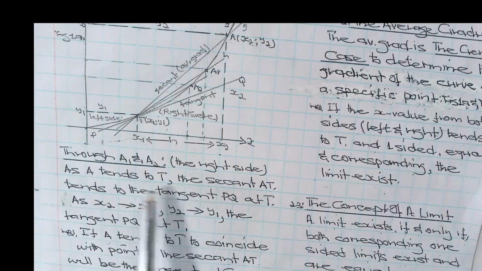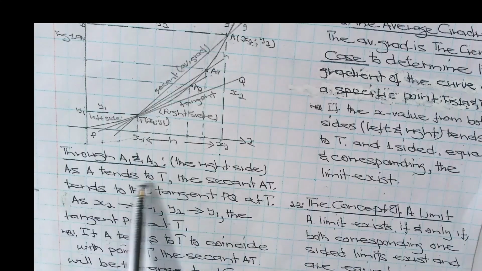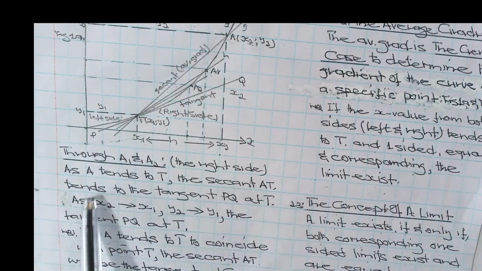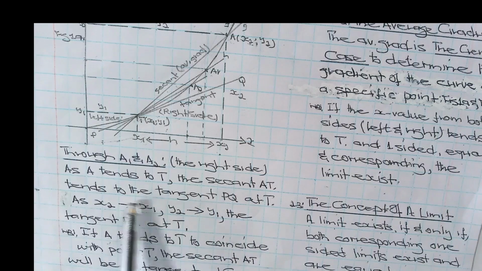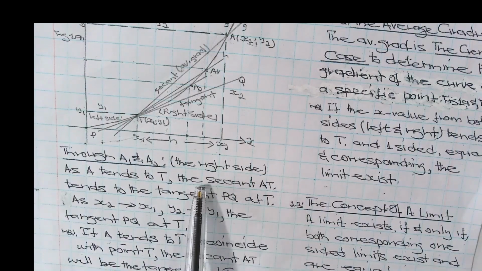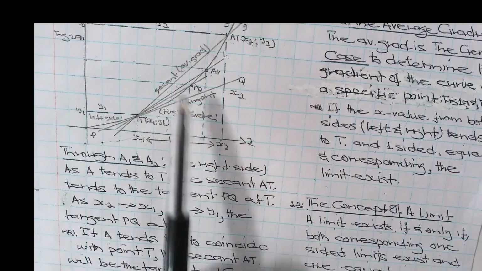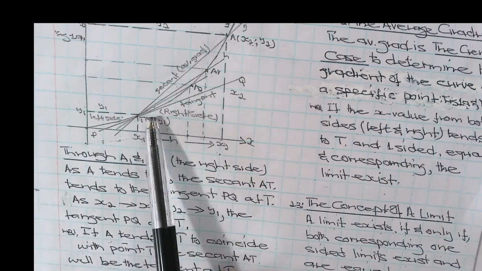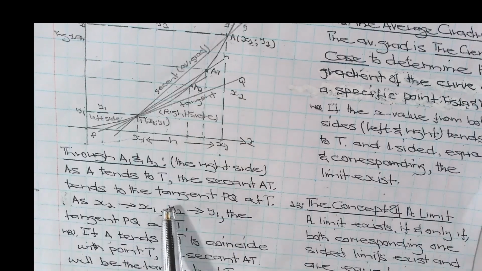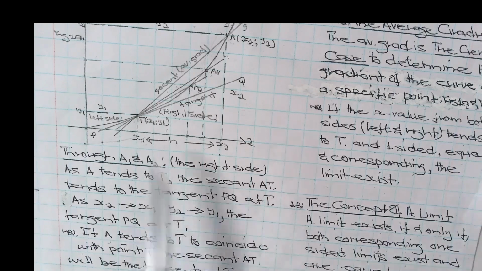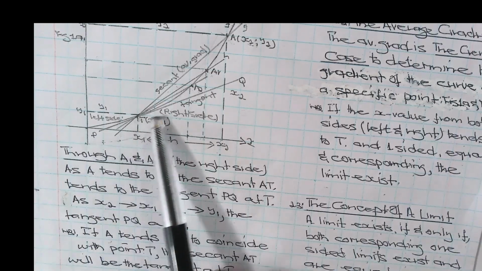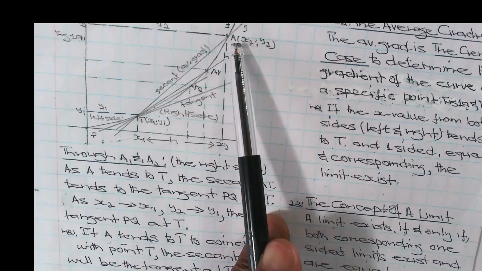Now, as A tends to T, the secant AT tends to the tangent PQ at T. It means the average gradient of AT gets closer and closer to the tangent PQ at T through the curve.